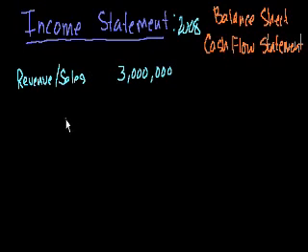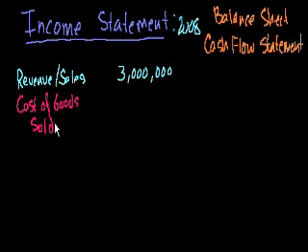So the first thing that you tend to see on an income statement is the cost of producing those widgets, and I'll put all my expenses in magenta. It'll sometimes be written as cost of sales, cost of goods sold.